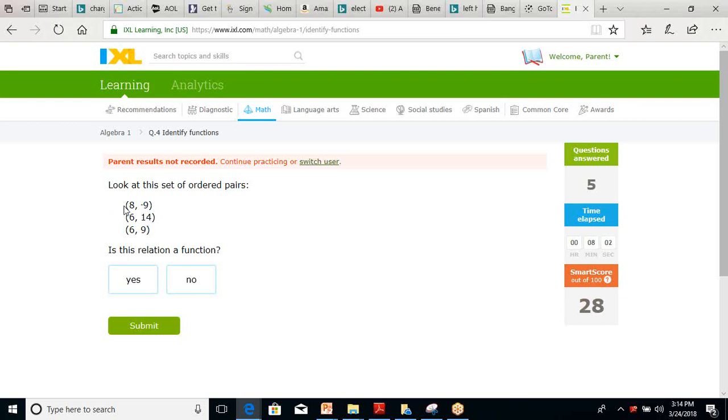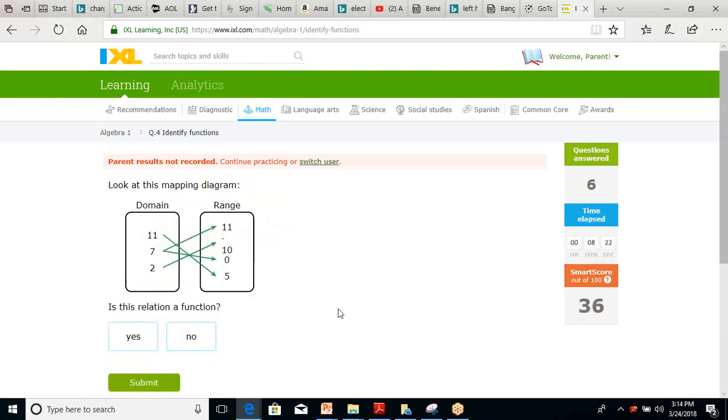So you have x value of 6 and it's paired with different y values. So this is not a function, right? It's not a function.